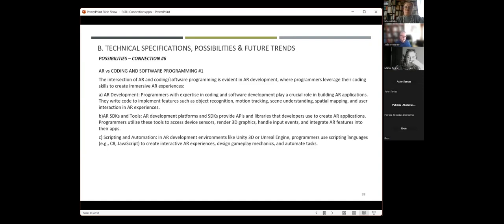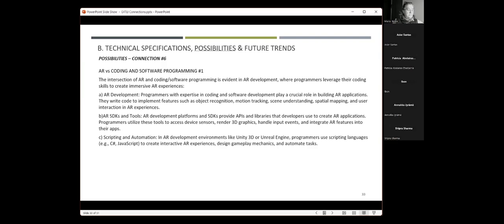We need skills to create. So we have the development. We still use SDKs, or software development kits, and APIs. It's where I say that this is not real, it's still, let's say, a nerds thing, because when we talk APIs and software development kits, it's still a thing of the programmers and the nerds.